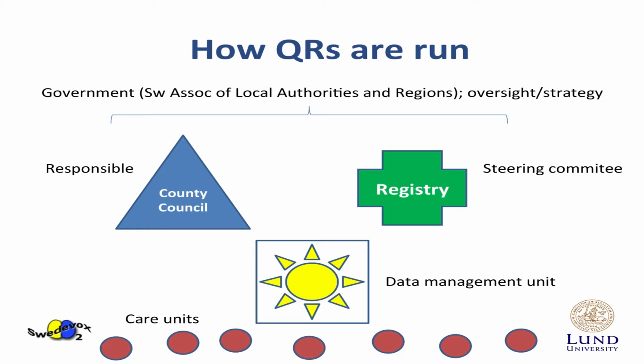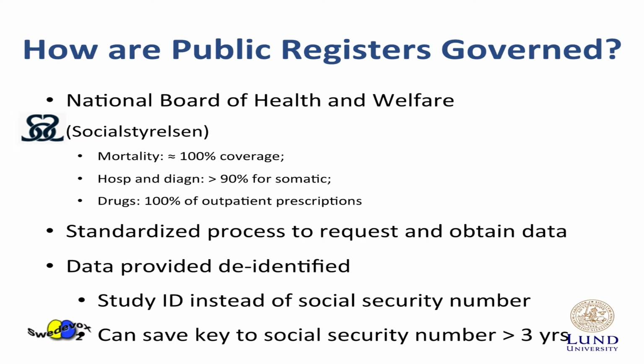And then they have a close collaboration with the data management unit that implements that in the registry, that checks the data and so on. So that's the different players in this game. And then, of course, the care units, and they report web-based data into the data management unit, which then reports and reports.